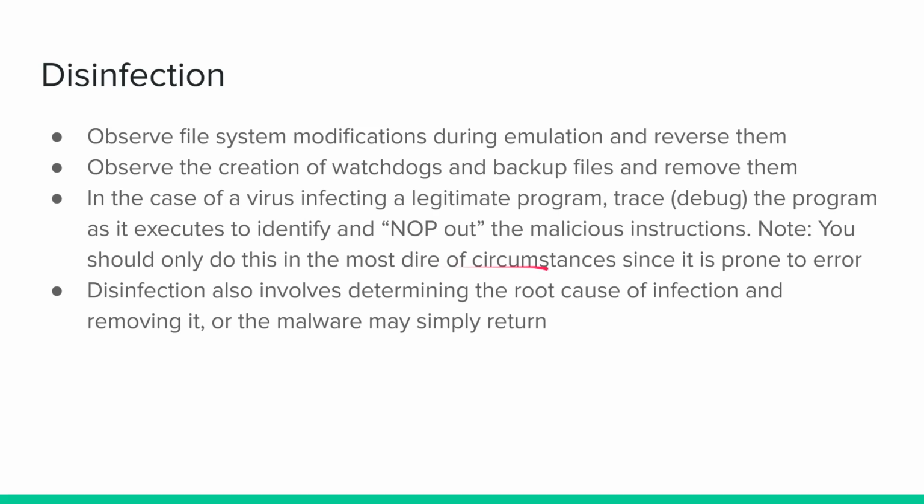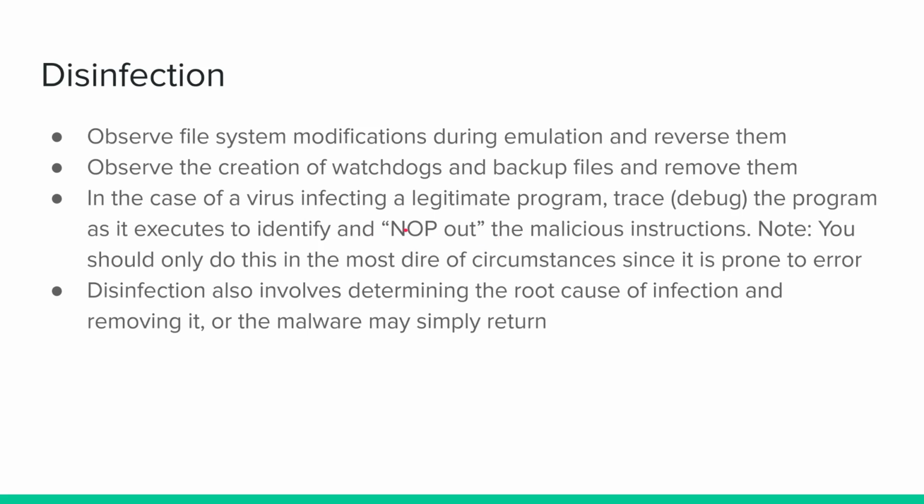In the case where you actually have an infected executable and you're trying to clean it, again, this is crazy, you should never have to do it, but let's say you end up in a strange circumstance where it is absolutely critical that you disinfect this executable because it's mission critical for some reason. I don't know, you can imagine a reason why that might be. What you can do is debug or trace or step through the program to identify just the malicious behavior, and you can try overwriting that malicious code with no-op instructions.